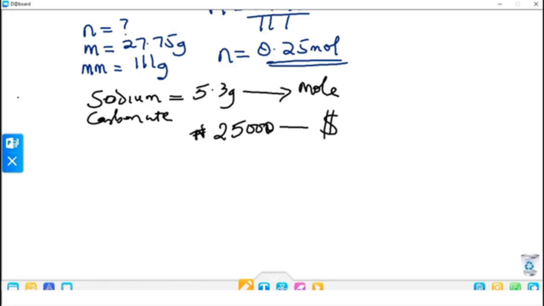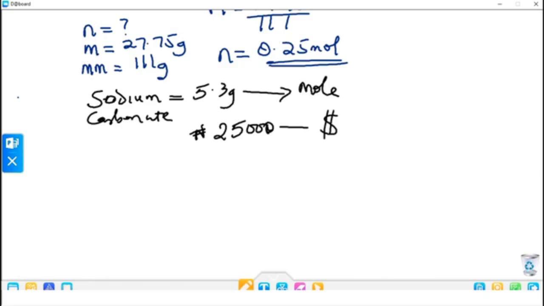Here, 5.3 grams of sodium carbonate was provided, and you are asked what is the amount in mole, no more in grams. So they just want you to convert the 5.3 grams to mole. That's just a simple question, just like having 25,000 naira and being asked what its equivalent is in dollars.